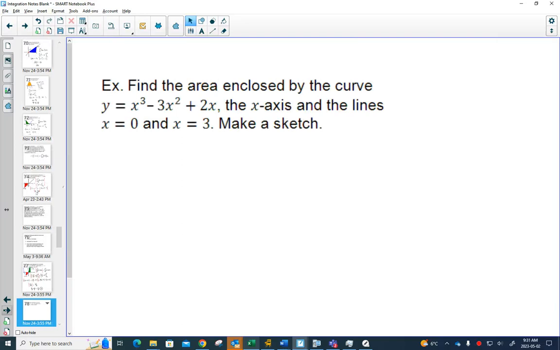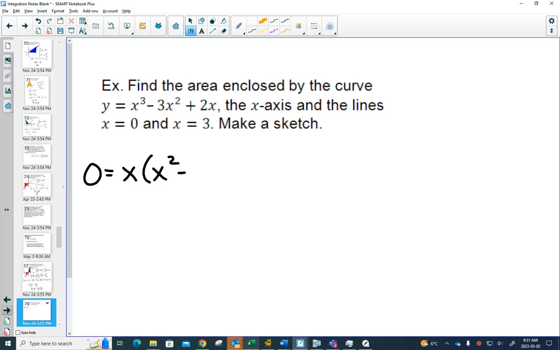A cubic graph. So yes, you can graph this using calculus, okay? But you can also use some of your grade 12 graphing skills to graph this as well. What I would do in this situation, since we need the x-intercepts, is solve for my x-intercepts.